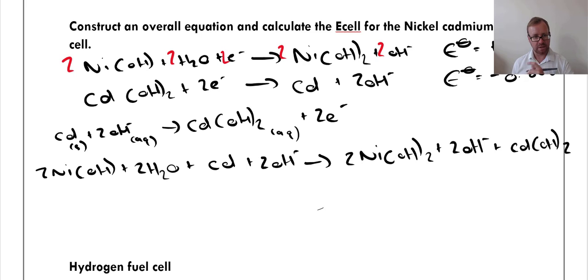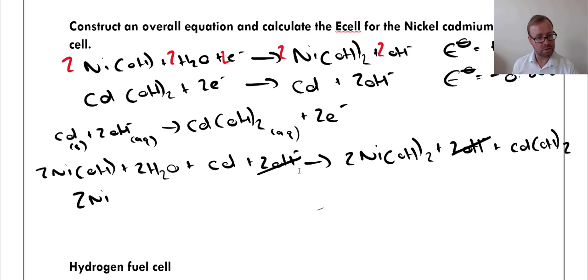And is that it? I think it is. I'm not going to write the state symbols in just yet because we're going to see if we've got species which are on both sides, which we do. We have 2 hydroxides and 2 hydroxides, so we cancel them out.